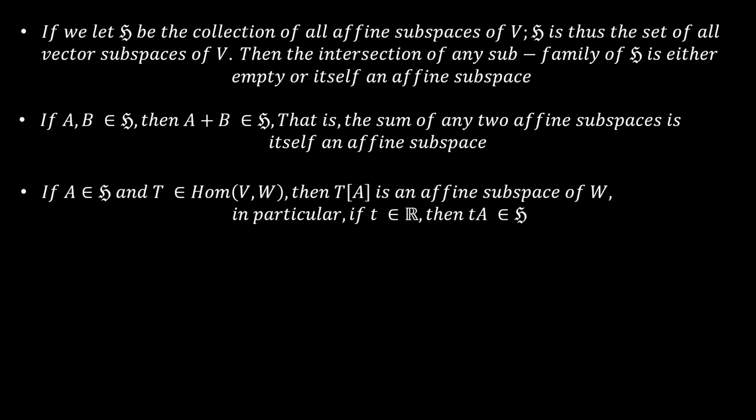Now, if A is an element of fractal H, and T is a linear mapping, we saw what a homomorphism of V to W is, which is just a linear mapping from the V vector space to the W vector space.